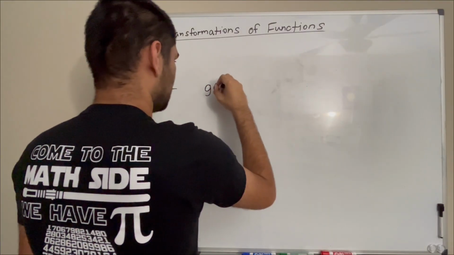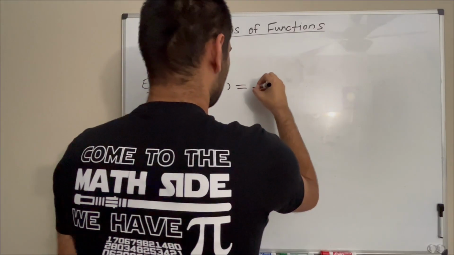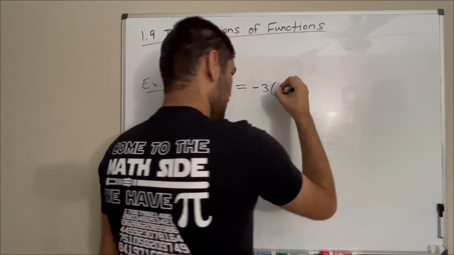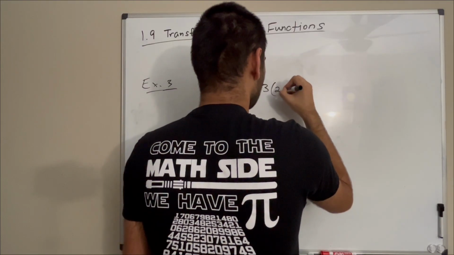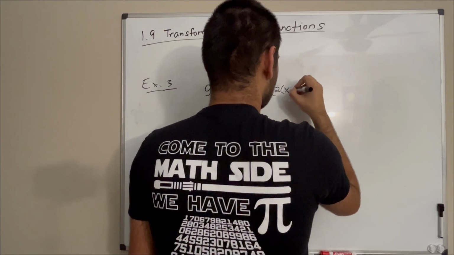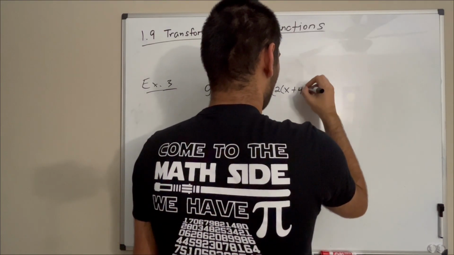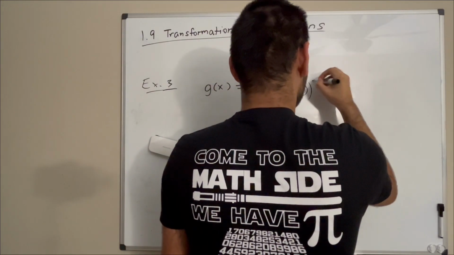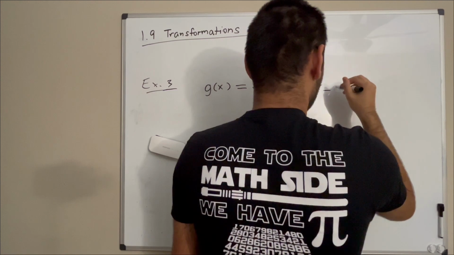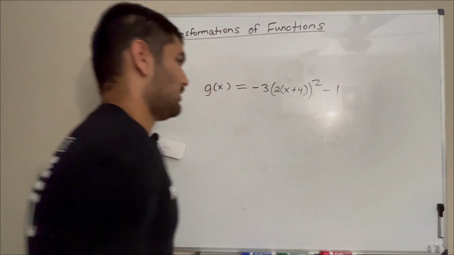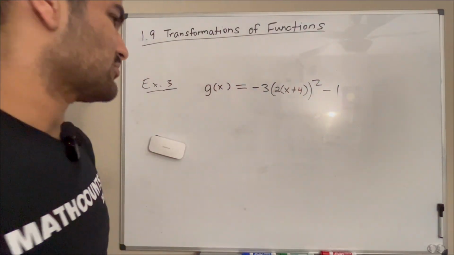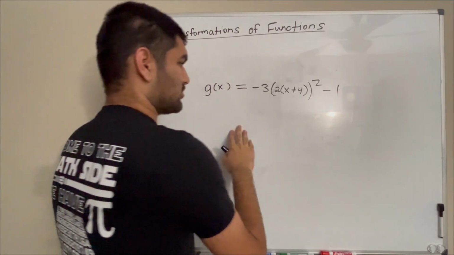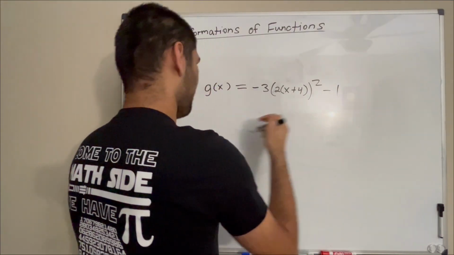Say we have g of x is equal to minus 3 times the quantity 2 times x plus 4, and then this whole thing is squared, let's say, and then minus 1. Alright, so here we have pretty much every possible transformation. So again, starting with translations, we have a minus 1.